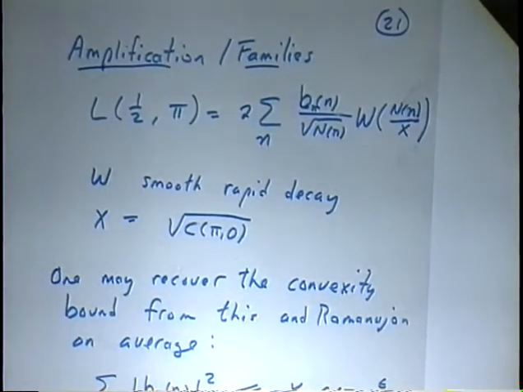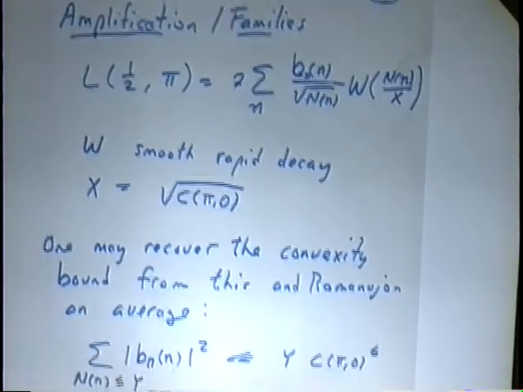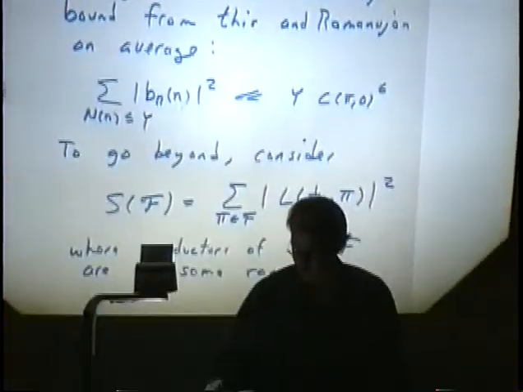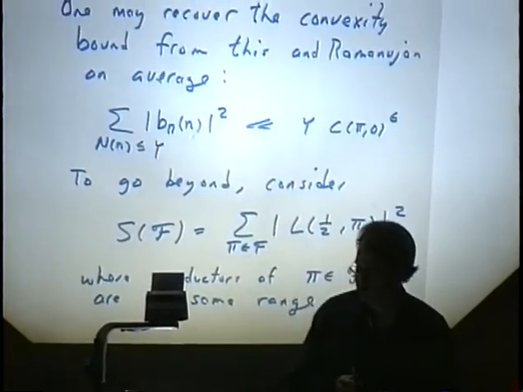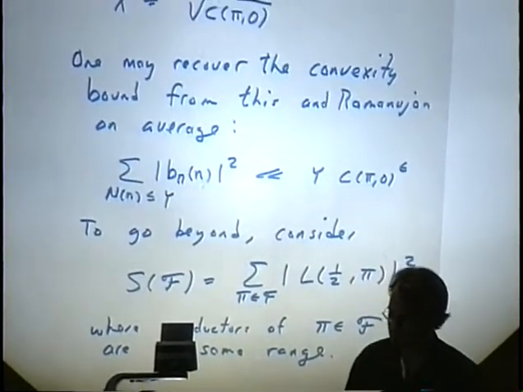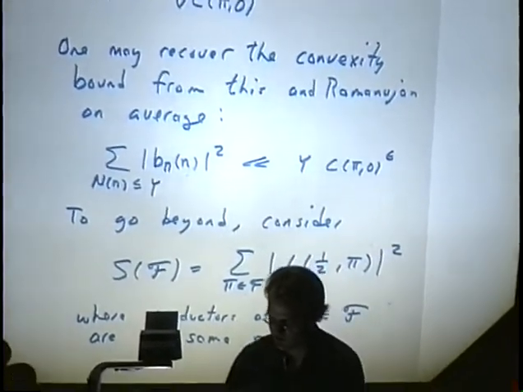If you know Ramanujan, that makes it very easy, but it turns out you don't need to know Ramanujan to handle this type of sum. You need to know something on average. So, in fact, you can handle this on average well enough to estimate this directly and recover the convexity bound. The whole game is to go beyond the convexity bound.